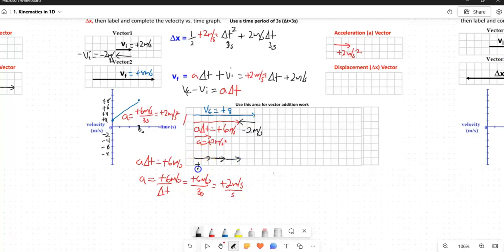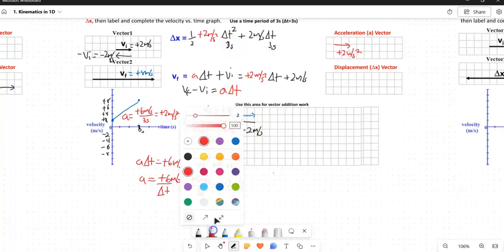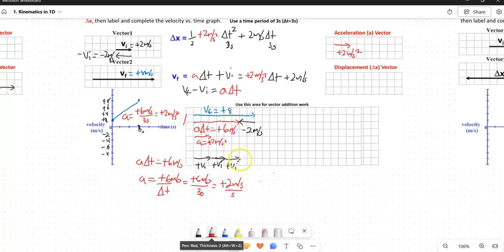So that's the initial velocity vector plus the initial velocity vector plus the initial velocity vector. There's 3 of those. And now we're going to add to that the acceleration vector, which is going to be 2 divided by 2, which is going to be 1 meter per second squared times 3 seconds squared, so that's going to be 9. So we're going to take this and we're going to add 9 to it. So 1, 2, 3, 4, 5, 6, 7, 8, 9.